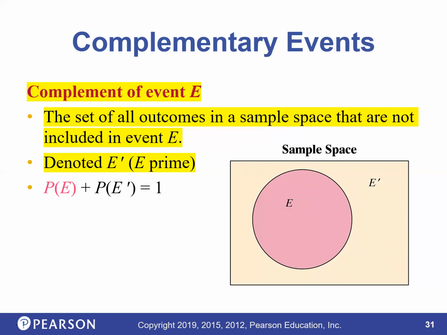Let me write down all of them here. We'll talk about the math behind them in just a bit. So complement means E is not happening. And there are 3 different math formulas that come out of it.